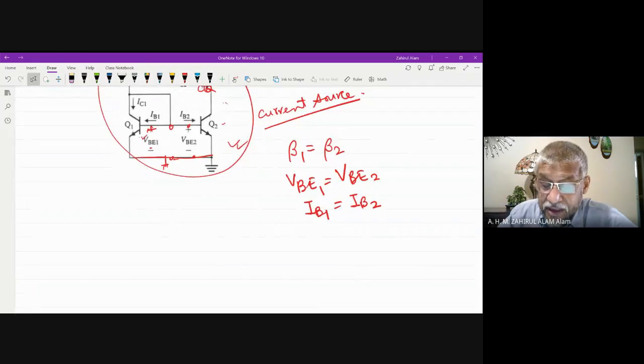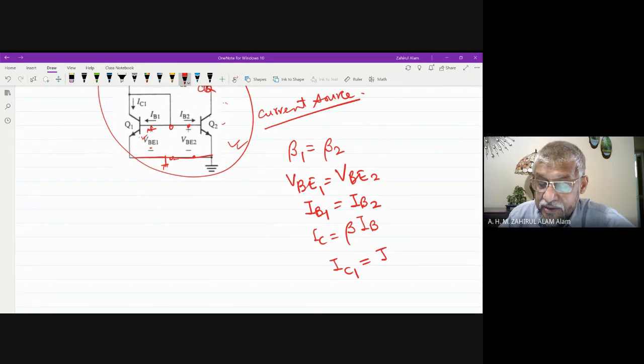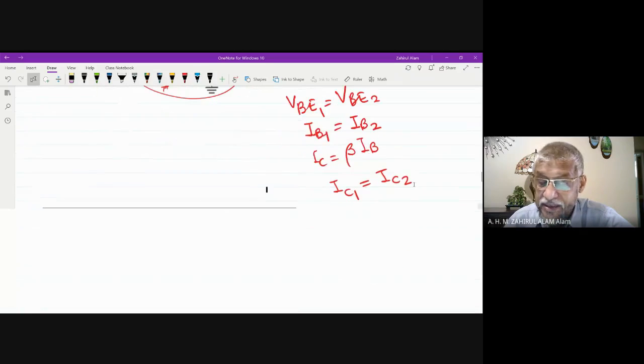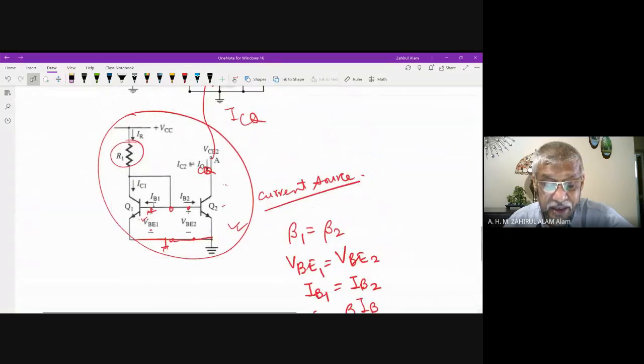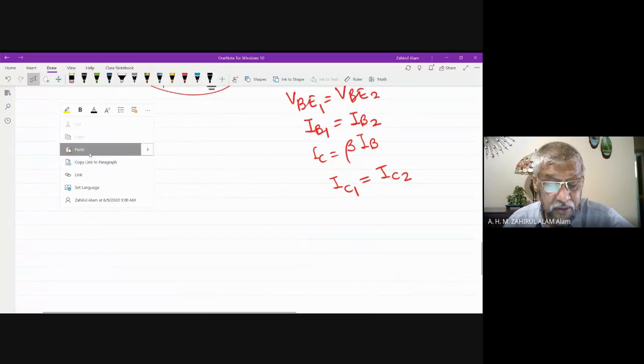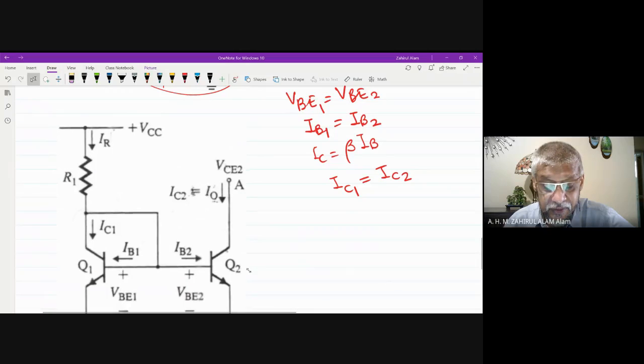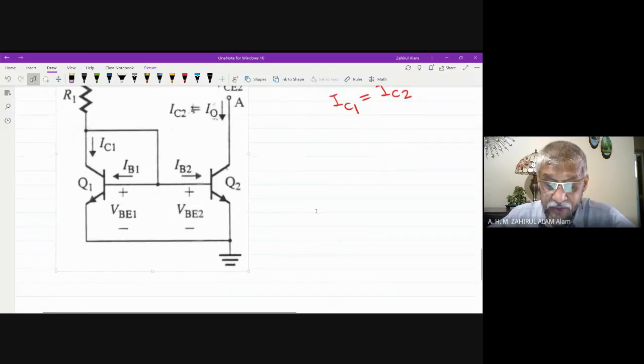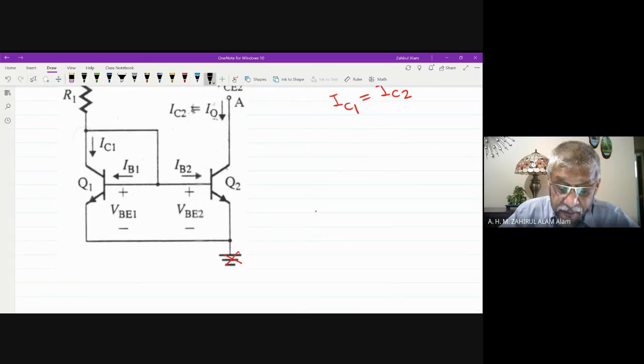Now we know IC equal to beta into IB. So then in this case, IC1 equal to IC2 also. So now we see these are the conditions for this configuration. So in this configuration, instead of V naught, I just add another voltage minus VEE.